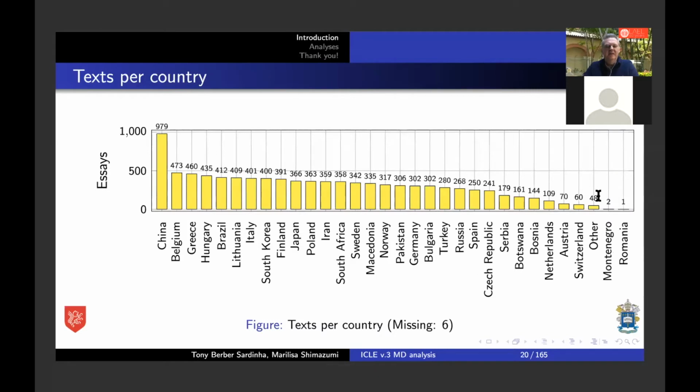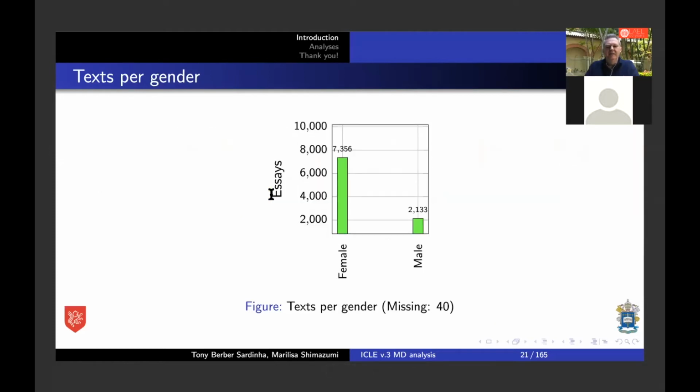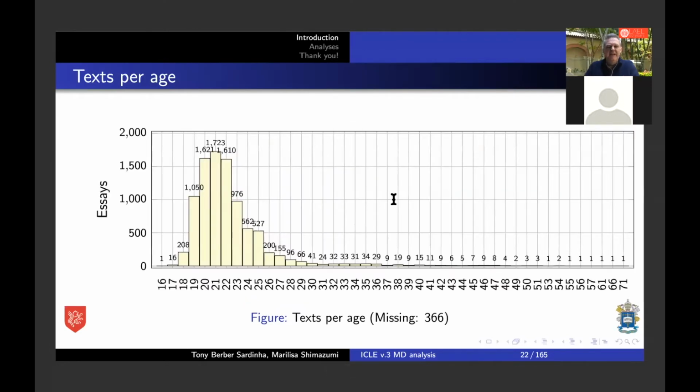Per country, most texts come from China, as you can see. Then Belgium, Greece, Hungary, Brazil, Lithuania, Italy. Per gender, most texts were written by students who identified as females, by far. Then by age, most students were at the tender ages of 20 to 22.